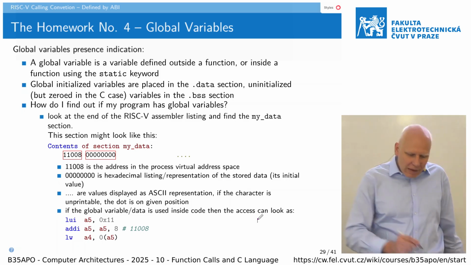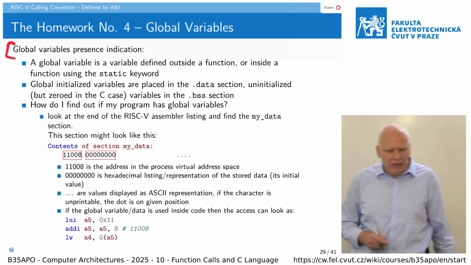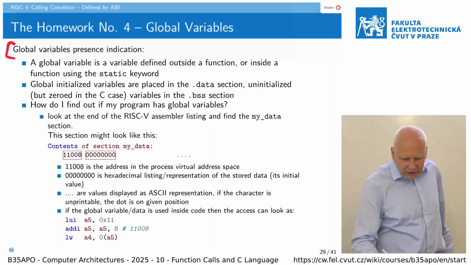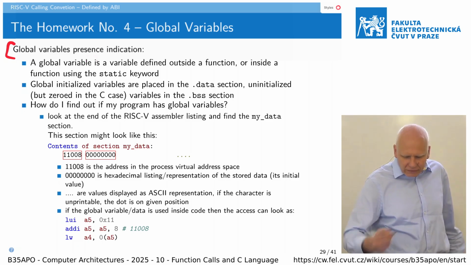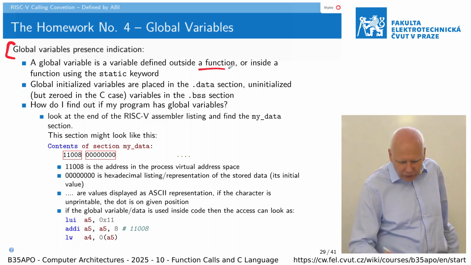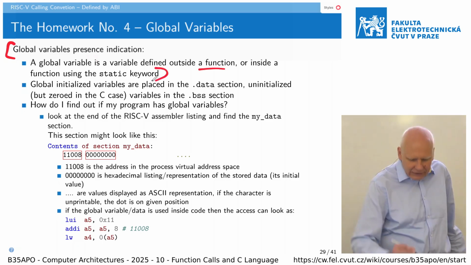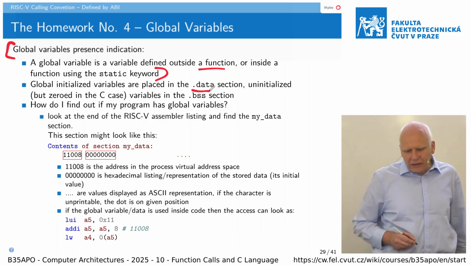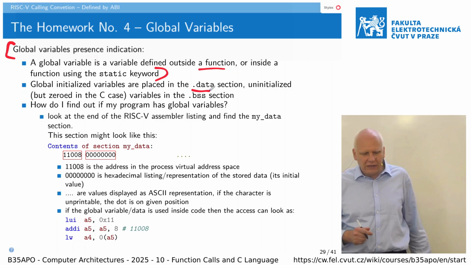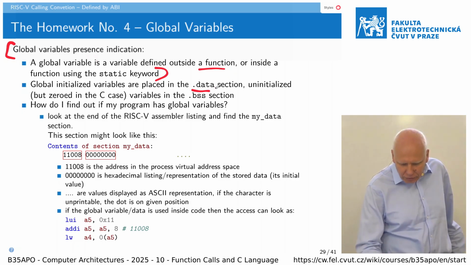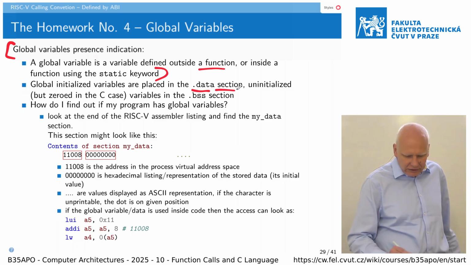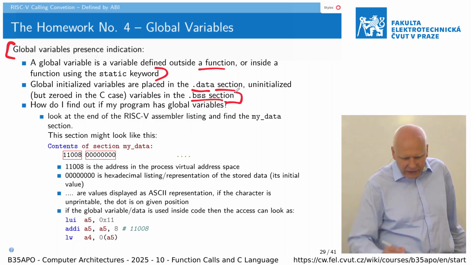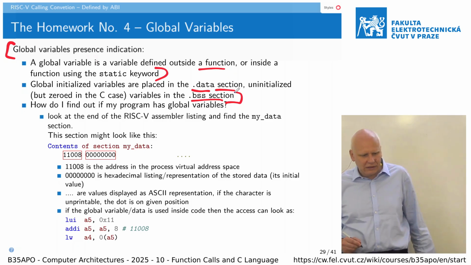Okay, some of your tasks can have global variables. Those are the variables which are defined outside of the function or as static inside the function. And global variables are mapped into the final executable into the data section, if initialized, and if uninitialized or initialized to 0, then into the BSS section.